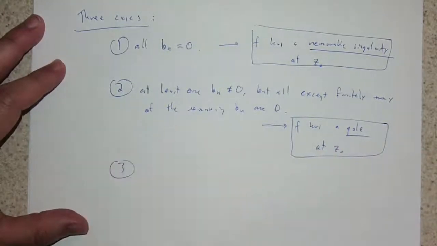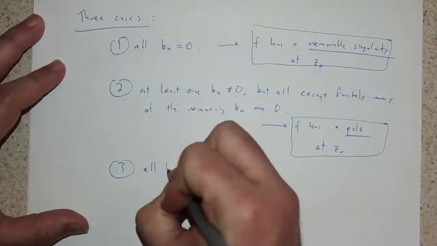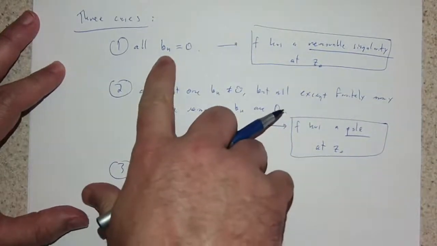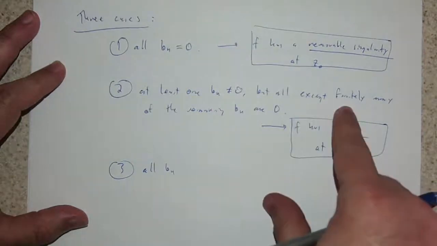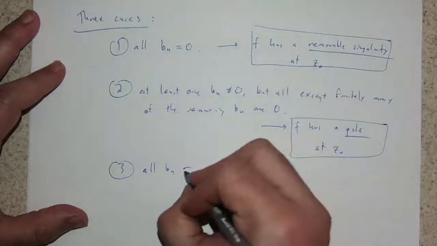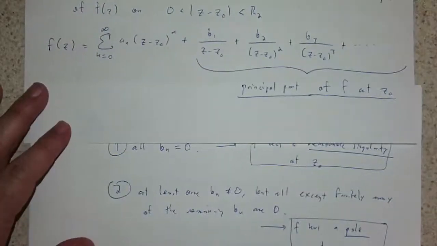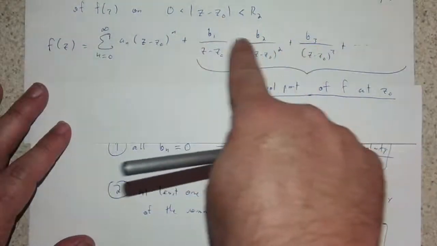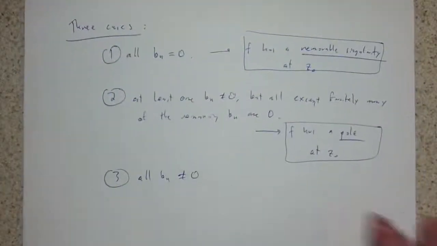And then lastly, we've covered the case when every single one of them is 0, and the case when finitely many of them are non-zero but the rest are 0. So the last case is when all b sub n are non-zero. Looking at the principal part, every single coefficient is non-zero in this last case.